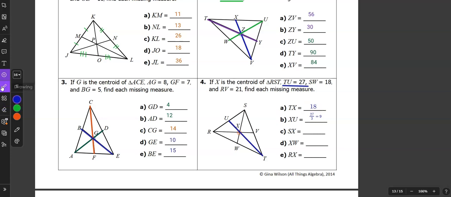Up next, they want us to find SX. SX is part of the median SW, which they give to us as 18. SX is the longer portion. XW is the shorter portion. So for this one, we're going to do it with the fractions. Okay, so SX is 2/3 of SW, which is 18.